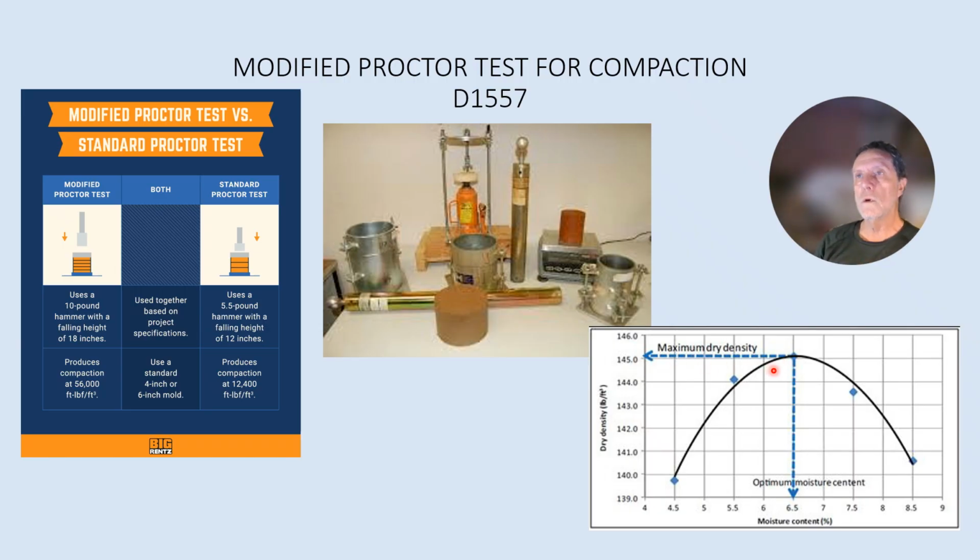So when you're handling fill at a building site and you've excavated soil and you want to pack it into an area that will receive a structure, you want to compact that soil to its maximum density. So you want to compact it at optimum or near optimum moisture to make sure it achieves this highest density.